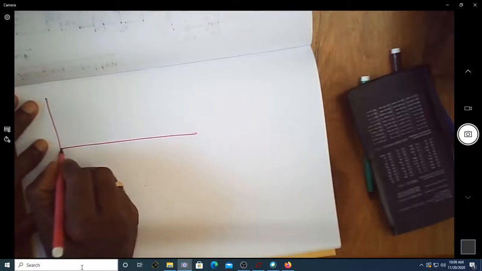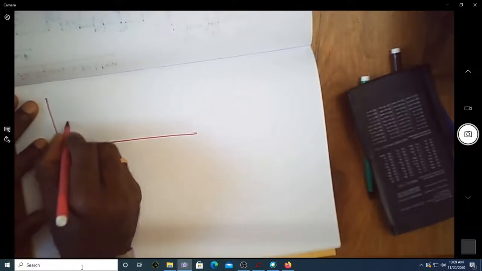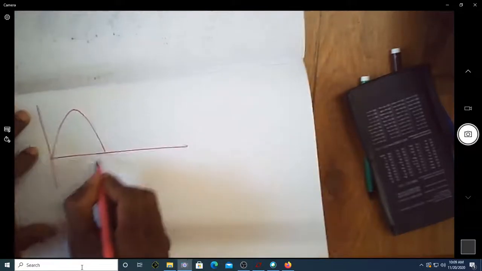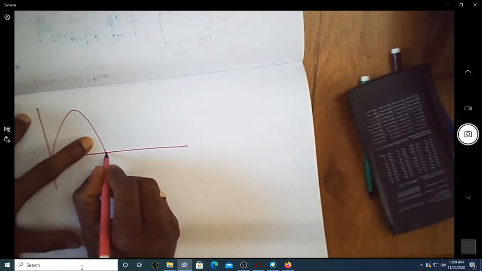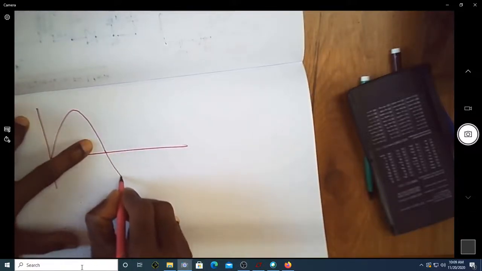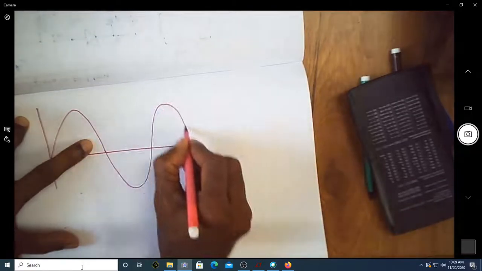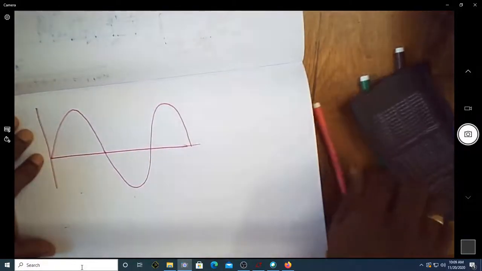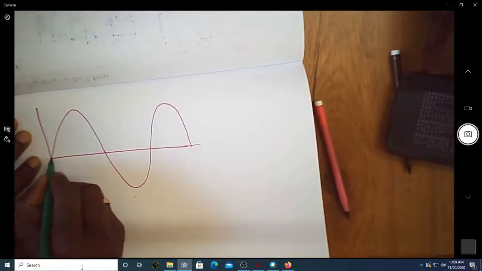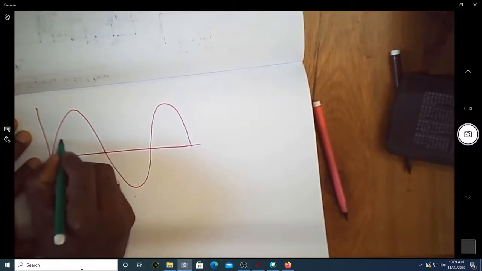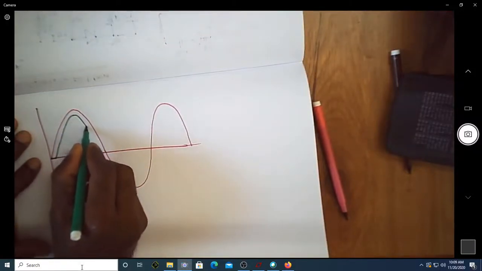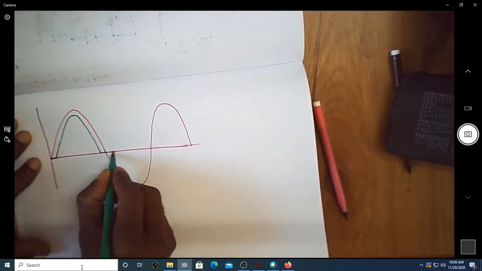I will write the half-wave rectified signal. Let me write the full sine wave, 1 cycle or 1.5 cycles, the typical waveform whenever you consider a typical diode. Can you see it now?